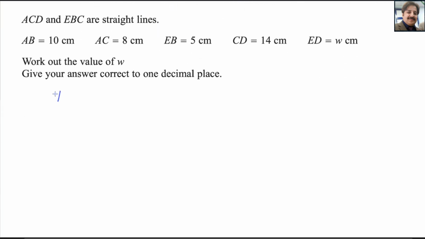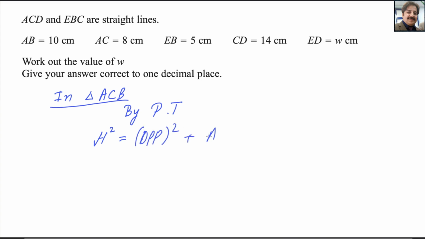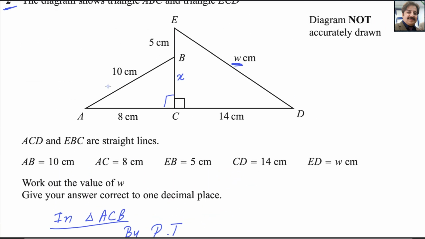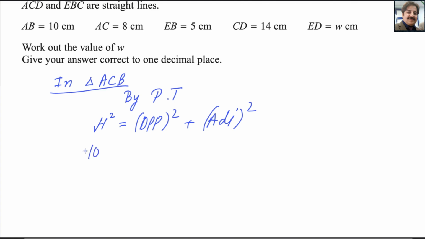In triangle ACD, we could use the Pythagorean theorem. By the Pythagorean theorem, we know the formula: hypotenuse squared equals opposite squared plus adjacent squared. So the hypotenuse in this triangle is 10 squared, opposite is x squared, and adjacent is 8 squared.